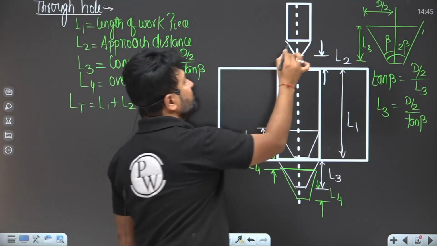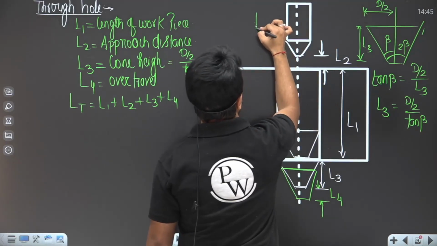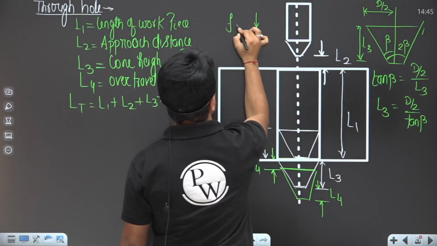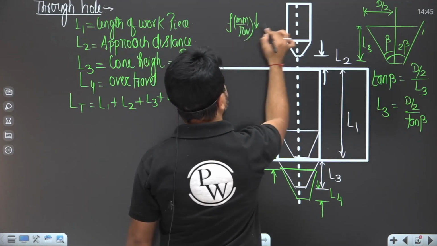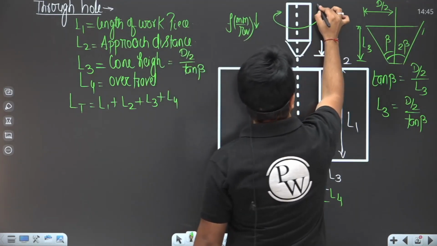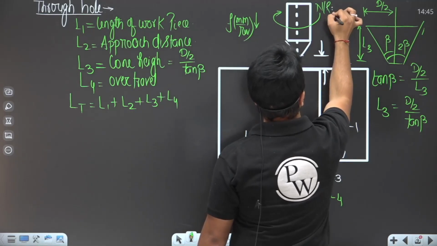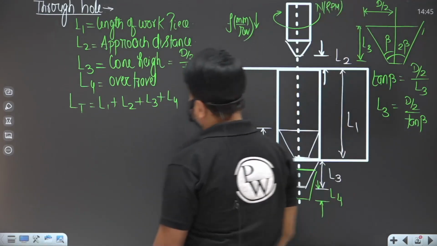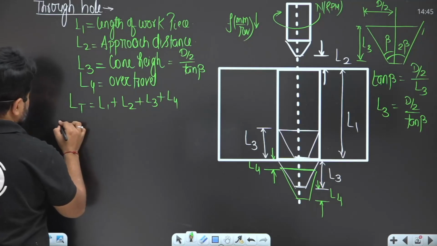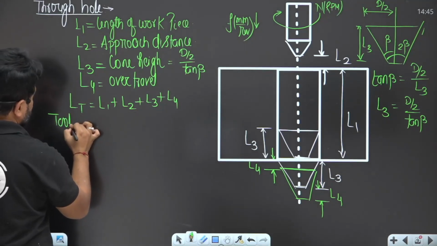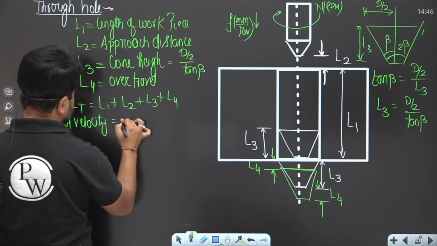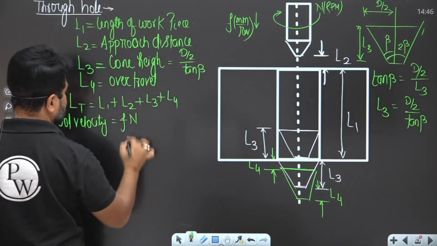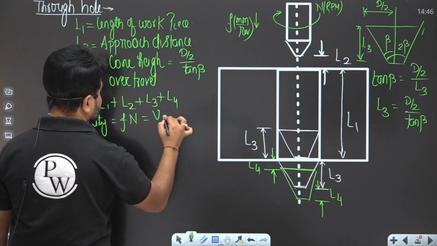If you have provided a feed F in mm per revolution, and the tool is rotating with RPM N revolutions per minute, then the tool velocity is F into N, represented by Vy.